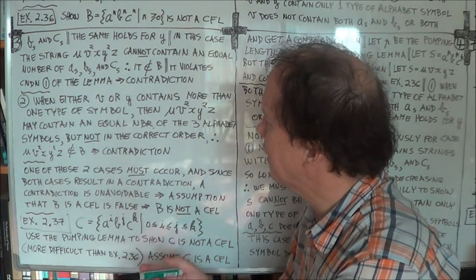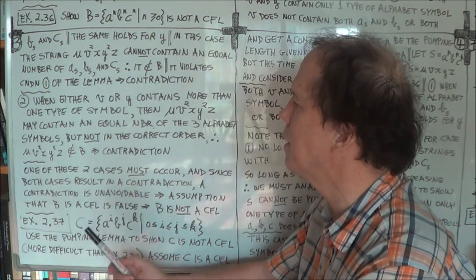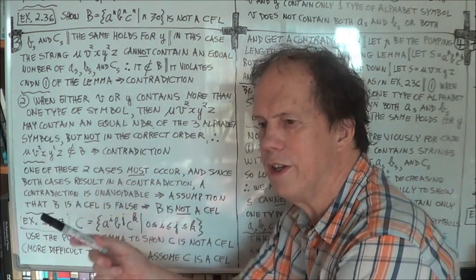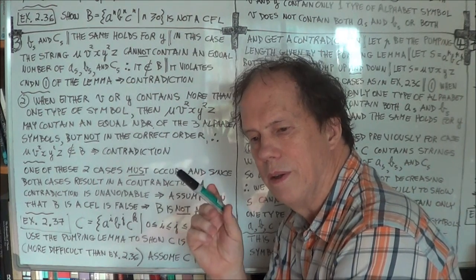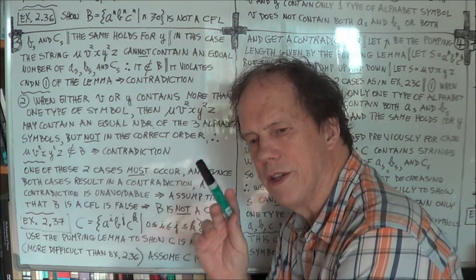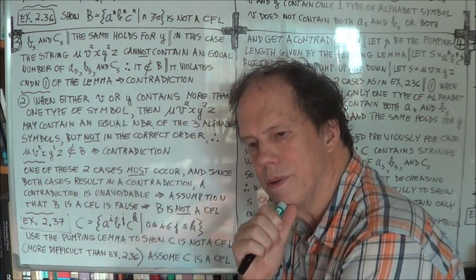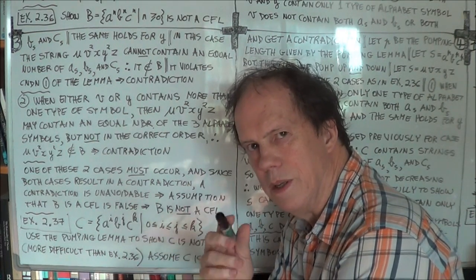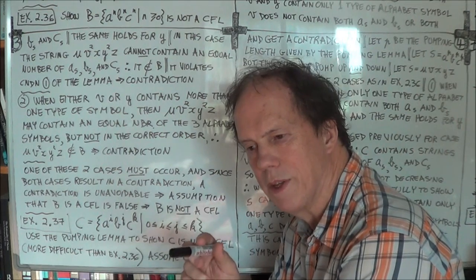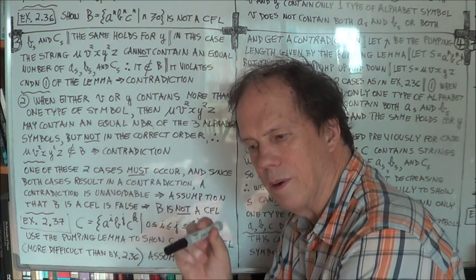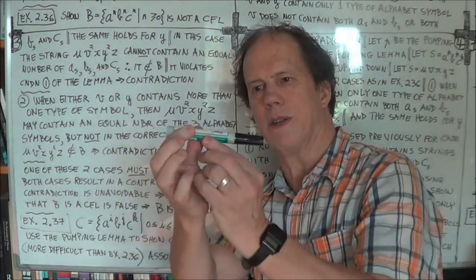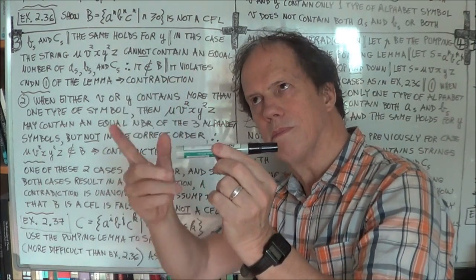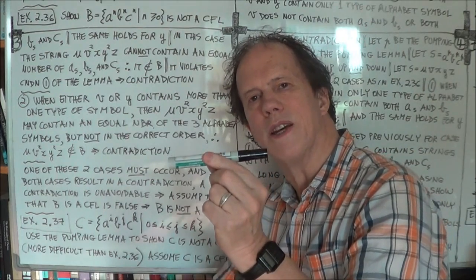Okay? Well, in that case, let v have, say, 2 different letters. So in your substring, you'll have something like this is your v, and let's say it consists of A's and B's.